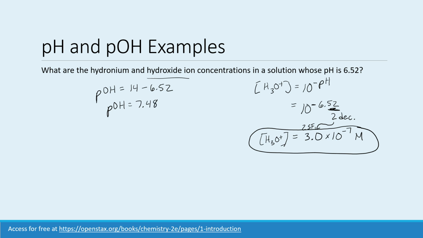and then the hydroxide ion concentration equals 10 to the negative 7.48. Okay, again, 2 decimal places here in the pOH value, and so I need 2 significant figures in my answer.